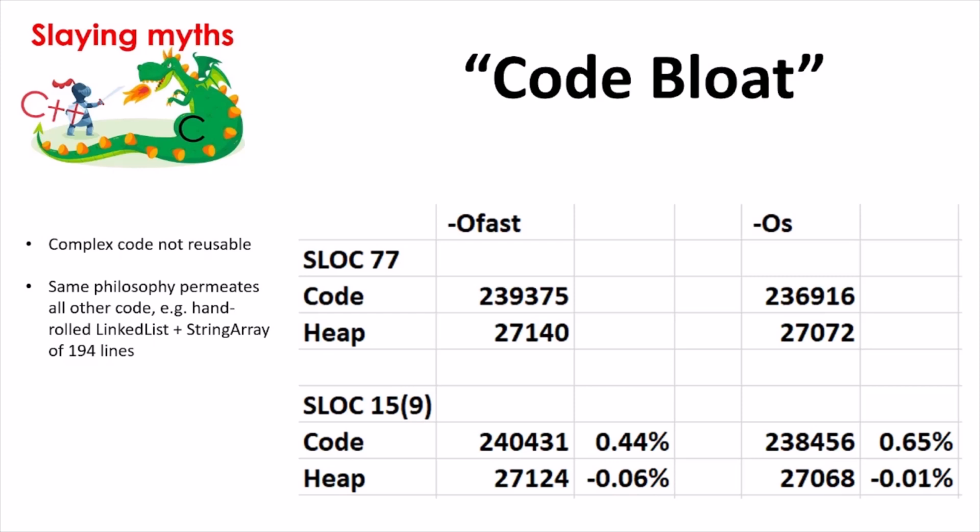The author of the SLOC 77 does things like hand rolling his linked list and string array, amounting to 194 lines, that make that first piece of code look clear and simple. I mean, it really is a rat's nest of pointers, and it is 100% unnecessary, because it's not even a one-line replacement in C++, because he still has to call his as well.